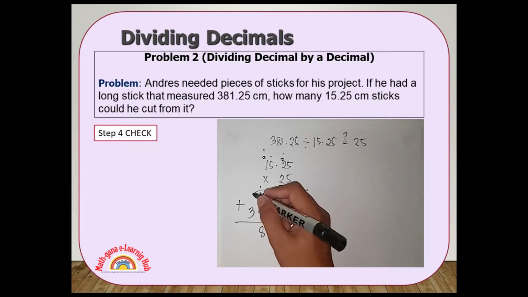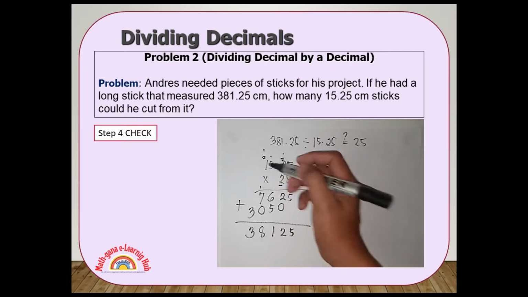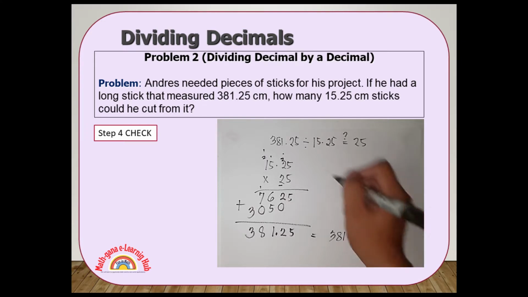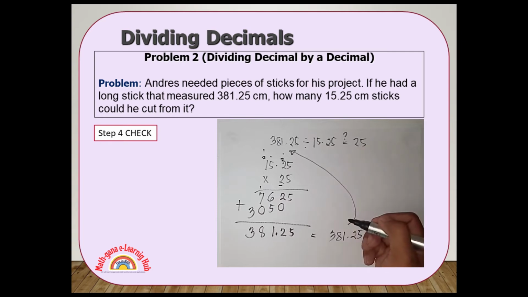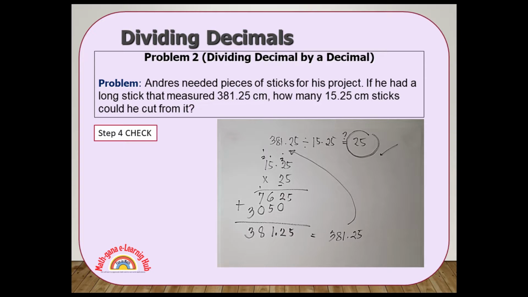And 0 plus 3 equals 3. Then let's count the number of decimal places in the factors. We have 1, 2. So let's move 2 decimal places to the left. The answer is 381 and 25 hundredths, which is equal to 381 and 25 hundredths. So therefore, our answer, which is 25, is correct.